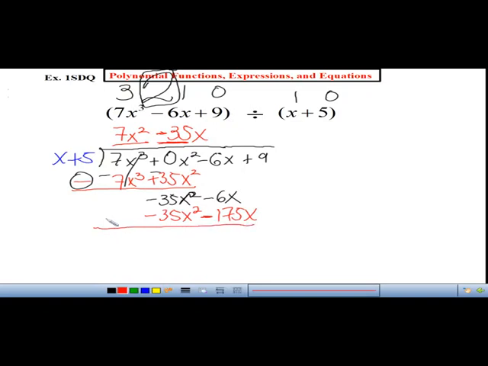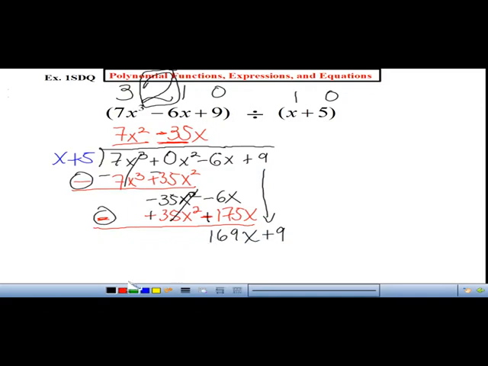We're going to subtract. Once again, guys, it turns these into their opposite. This is a positive. This turns into a positive. These cancel. We're left with 175 minus 6. That's 169x. And we bring down the last term, which is plus 9.